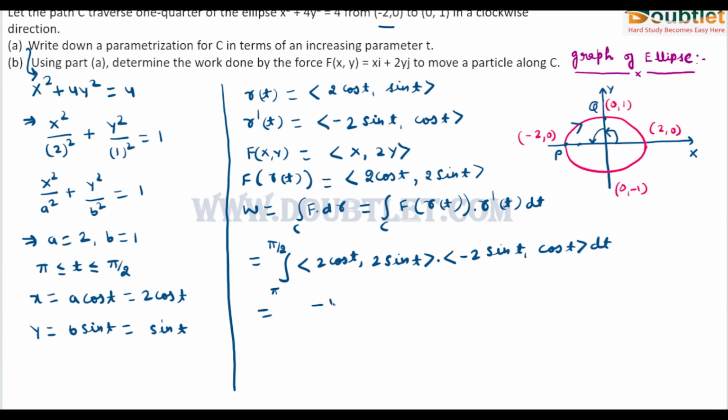We multiply the x coordinates and then the y coordinates. So it will become minus 4 sin t cos t, plus 2 sin t cos t. So it will basically become minus 2 sin t cos t dt, and the integration is from pi to pi by 2. We know that sin 2t is equal to 2 sin t cos t.